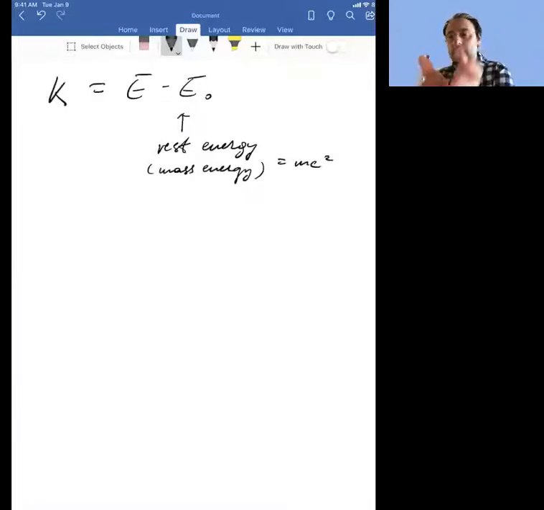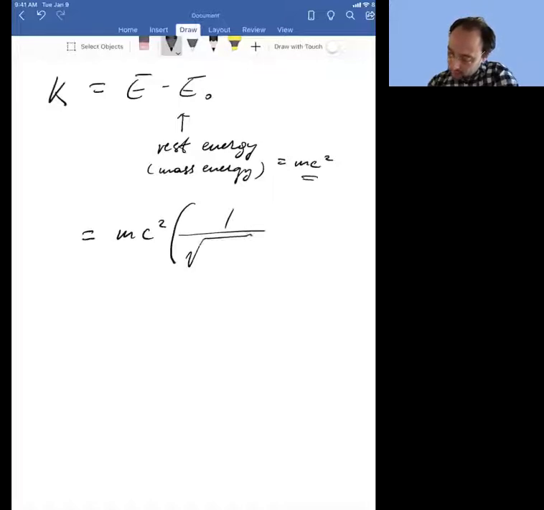So if you have an object resting on the table, it has a mass energy, and that mass energy comes not just from the masses of the constituents, but also from the energy, which includes kinetic and interaction energy between those constituents that contributes to the mass. So that's this part. If you just explicitly write things down, you get an expression that looks like this.